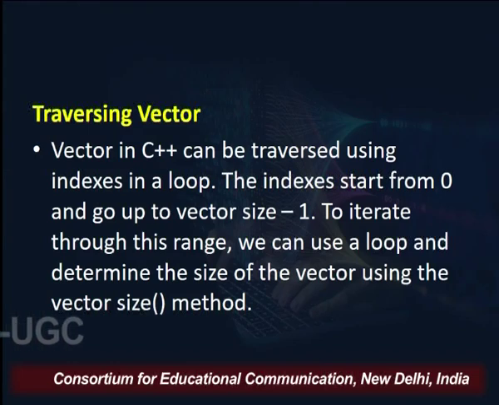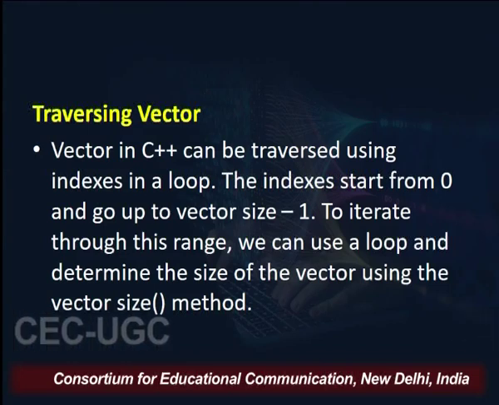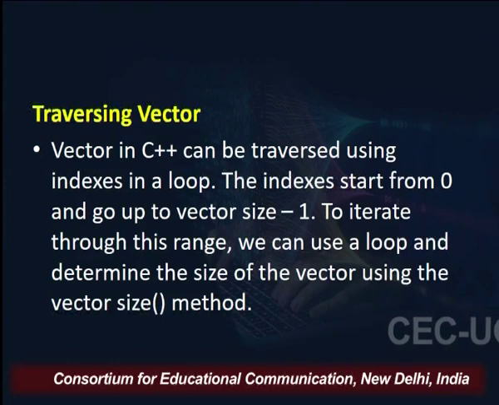To iterate through this range of 0 to size minus 1 we need to use a loop, and because size minus 1 is the upper limit, we need to determine the size of the vector, and that can be determined by using the size method. So, first we will look into the size method. That size method will return the size of the vector, and then we can use that as the upper limit, and both of these things are shown in the code snippet given on the screen.